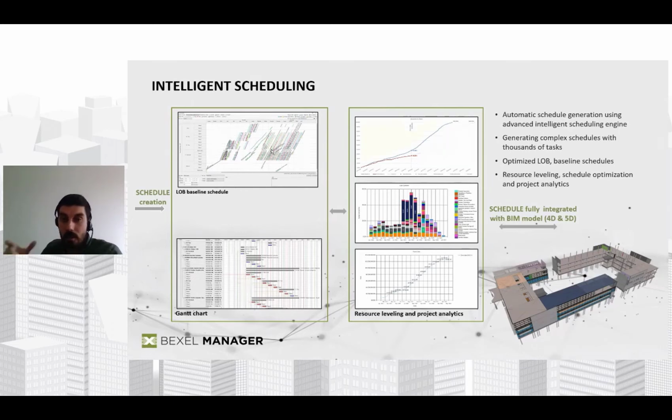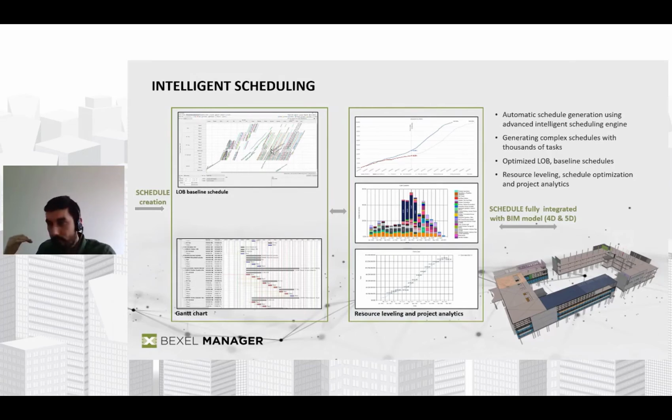Since we were using the cost classification as the basis for our rules, we have automatically integrated this newly created schedule with the model elements. We have integrated it with all information in the cost classification. That means for every task in the schedule, you have right away information about which groups of works and which activities are part of this task, what resources are assigned to these tasks, and what the price of this task is.